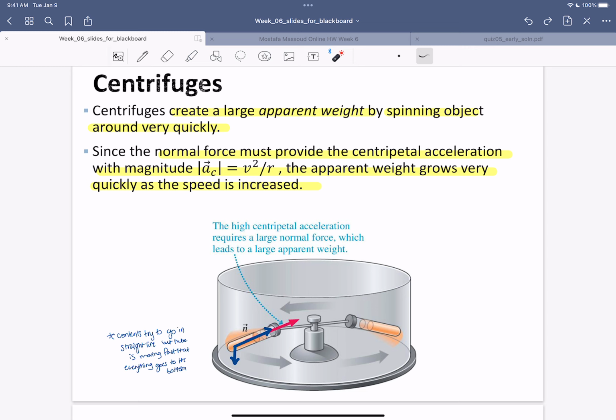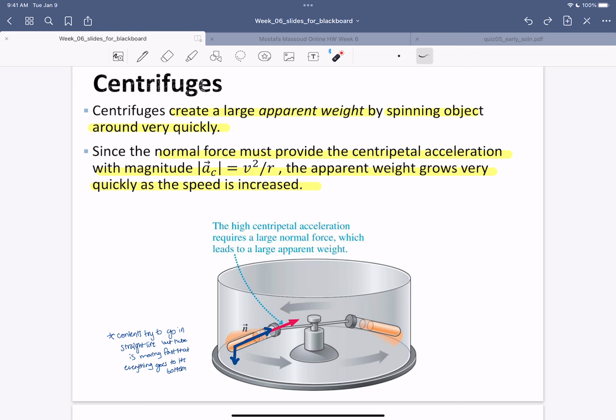For the most part, I think it's really normal force that is the contact force that you have. But in the case of centrifuges, and we'll get to this in a second, your apparent weight, or the sum of your contact forces in that case, really the only thing that's in contact would be the fluid with your object.